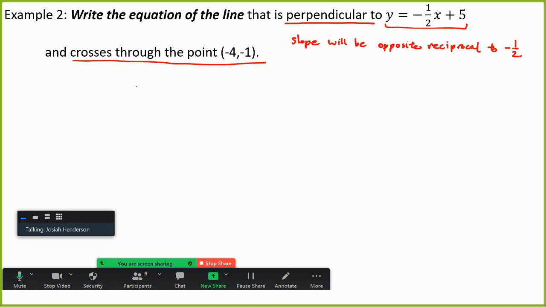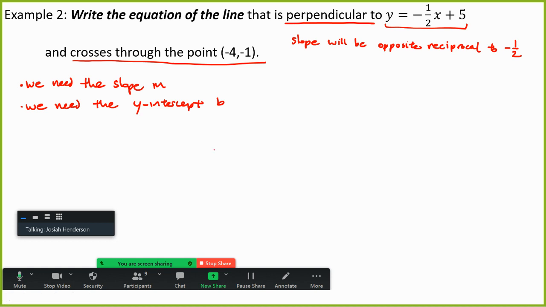Now remember, we want to write the equation for our perpendicular line. We need the slope, we need the y-intercept. Let me write that down as a strategy that we can use for all these types of problems. We need the slope, we need the y-intercept, the b number. M and B. Now, M is pretty fast to find.